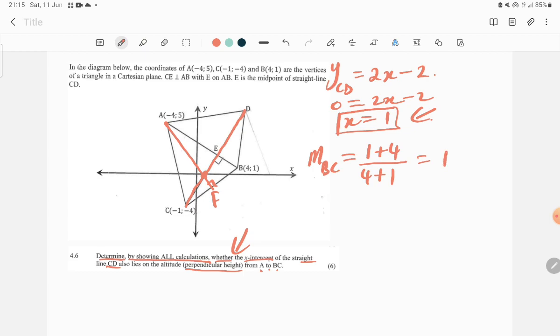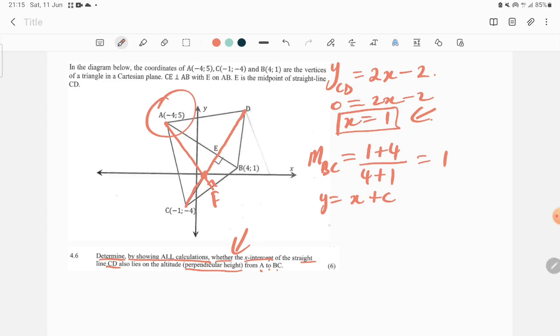Now, what are we having? We have y is equal to x plus c. The value of c can be found using the point A, because this is the only point that we have on line AF.